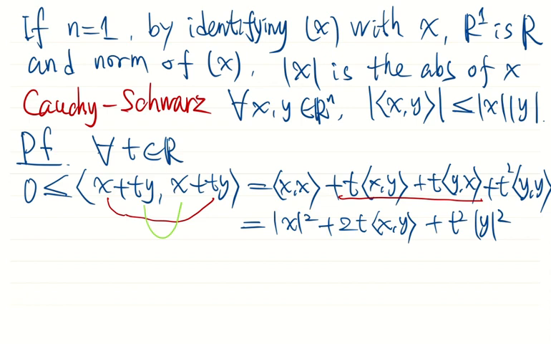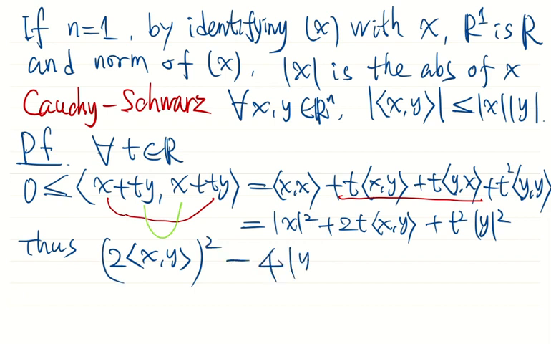Because this is non-negative for all t, the right hand side is a quadratic polynomial which is never negative. So we see that the coefficients of this quadratic polynomial will satisfy that the square of this minus will be non-positive.